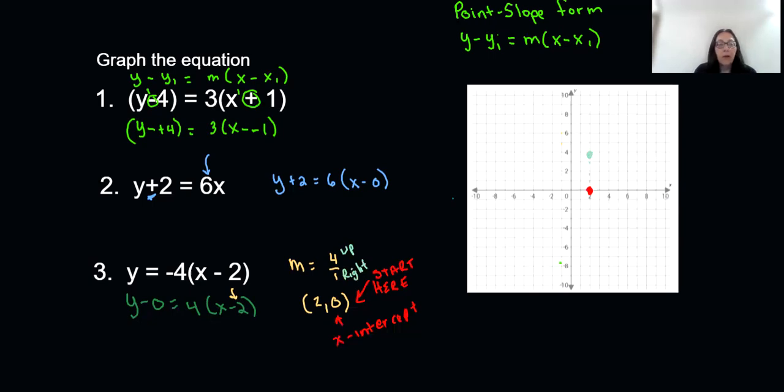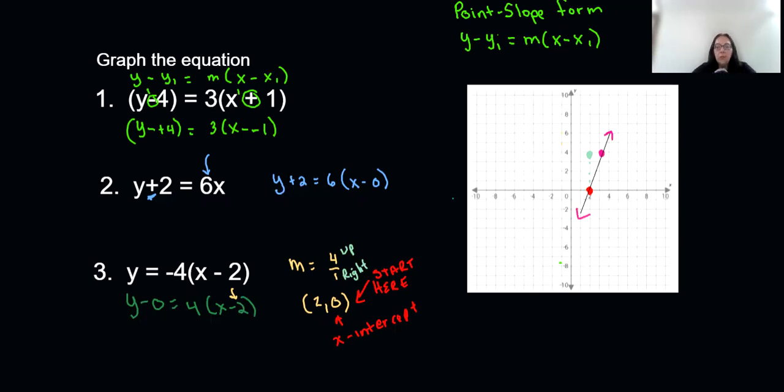Then from there, we are going to go right 1, right there. And when we connect our first and last dots, we will have our line. Boom, there it is. Make my little arrows on it because the line goes on forever, and you have your equation.